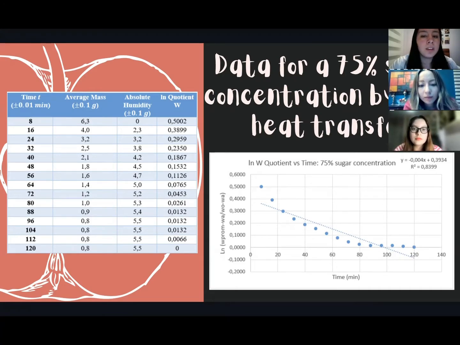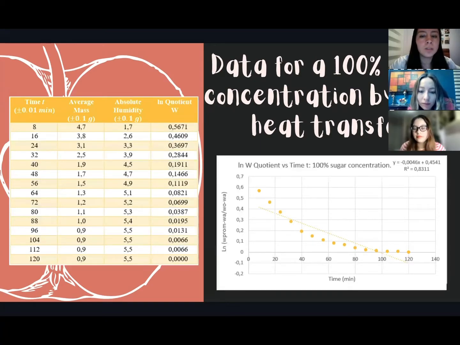Moreover, when setting up the graph, it is clear that by increasing the concentration, there is a resistance from the sugar that changes the graph accuracy due to an R² lower than the other cases. So now for the last case, in which we've got 100% sugar concentration by oven heat transfer.